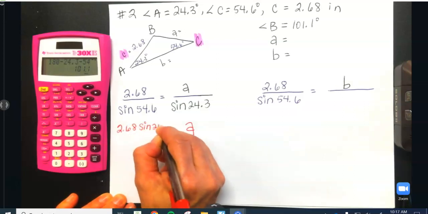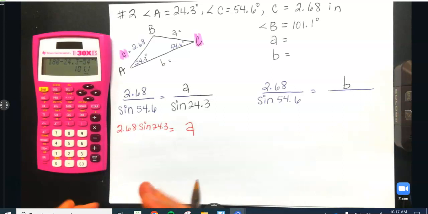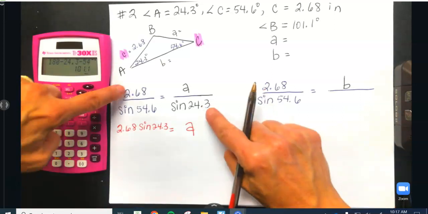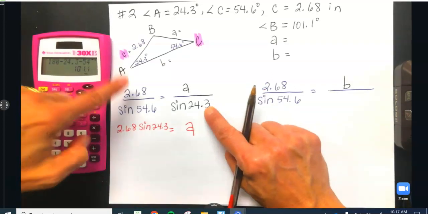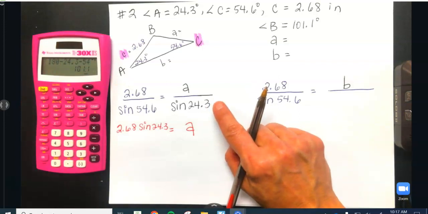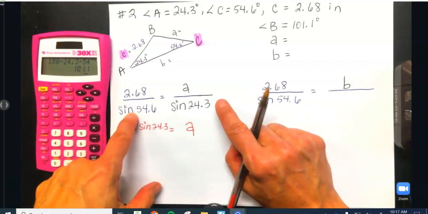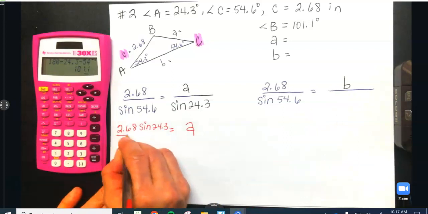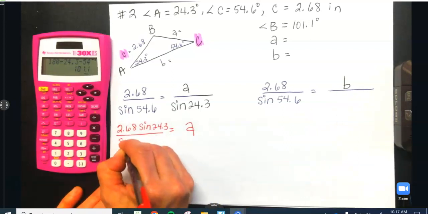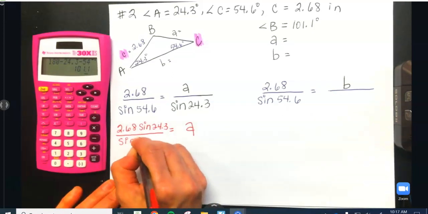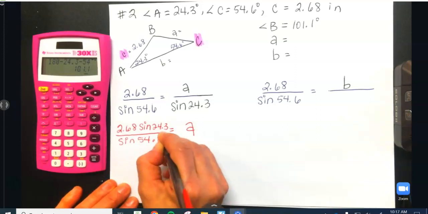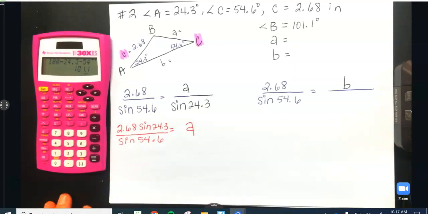Remember, crisscross, multiply and divide. So if we multiply these two together, remember we always divide by the other one. And the other one is sine of 54.6. So let's divide by that. And you know what? I am not putting that in the calculator yet. I'm going to set them up and work them simultaneously.